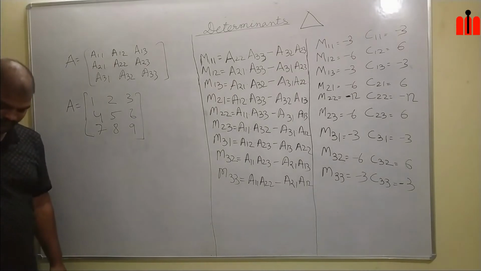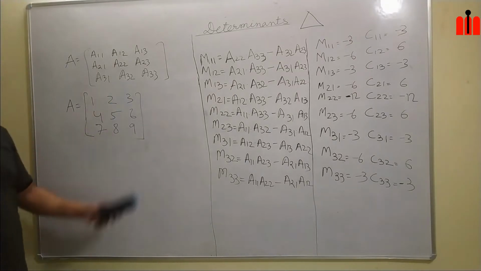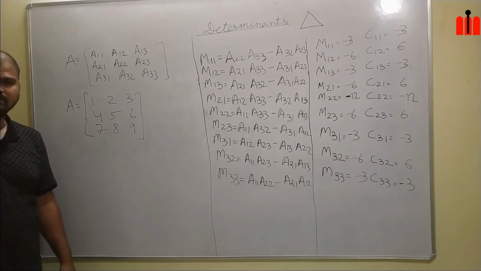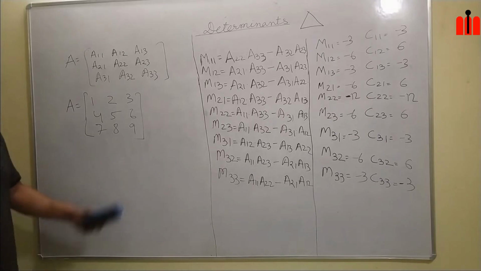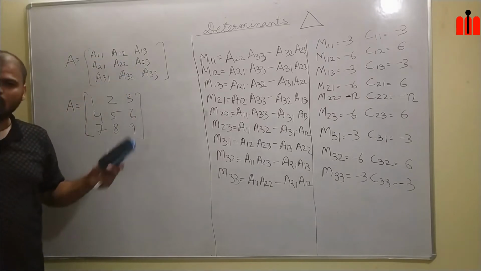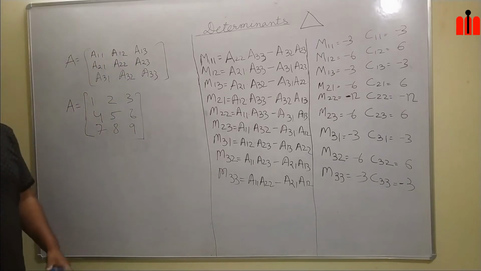Now for a 3 by 3 matrix, we have to expand the determinant through any of the rows or any of the columns. So we have to first fix the row or column.